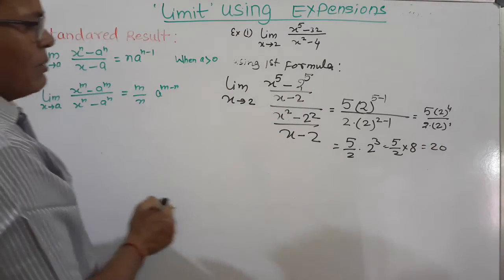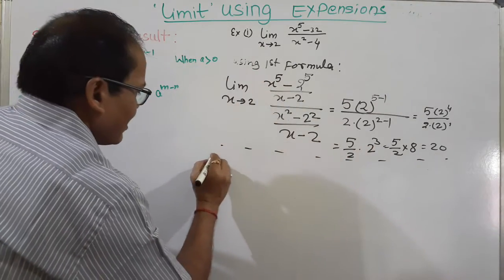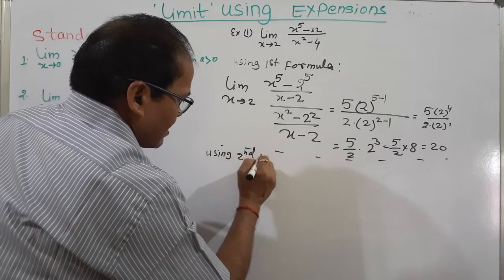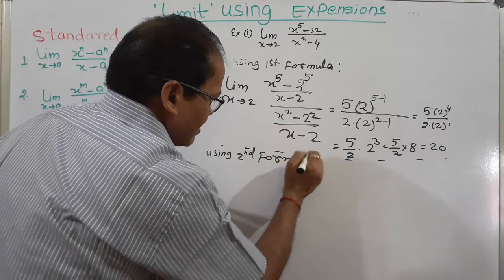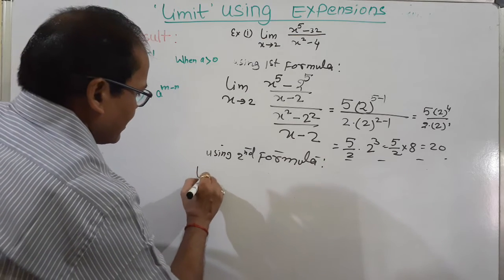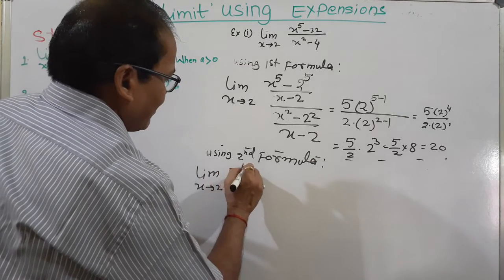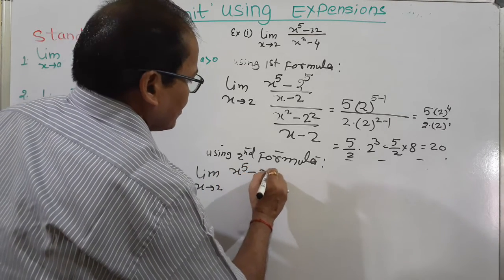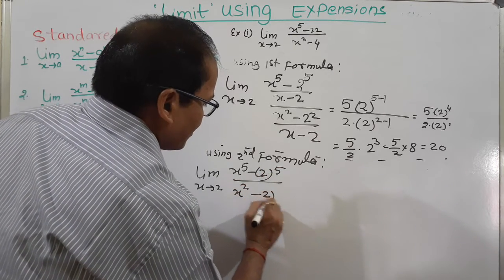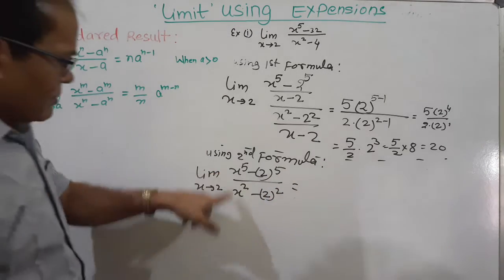Now if you use the second formula also, we can get the same answer. Just see here, using the second formula, we can use it directly. Limit x tends to 2, x to the power 5 minus 2 to the power 5 by x to the power 2 minus 2 to the power 2 is equal to m by n, which means 5 by 2.